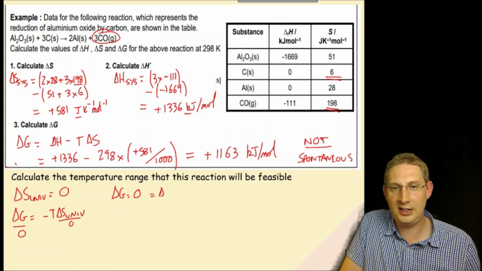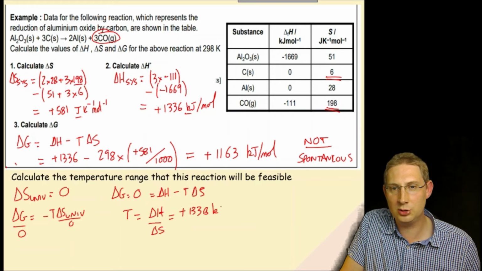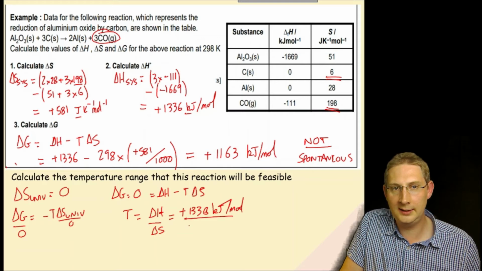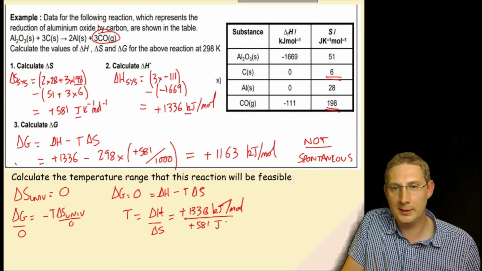And that equals deltaH minus T deltaS. So the temperature is deltaH over deltaS, which equals plus 1336 kilojoules per mole divided by 581 joules per Kelvin per mole.